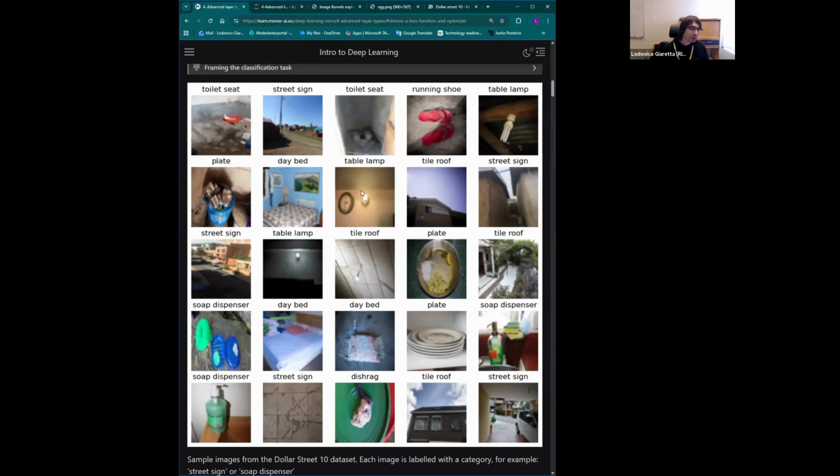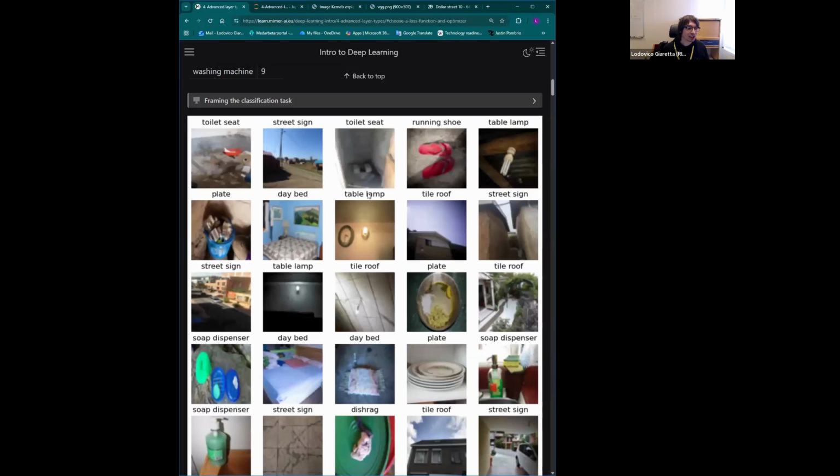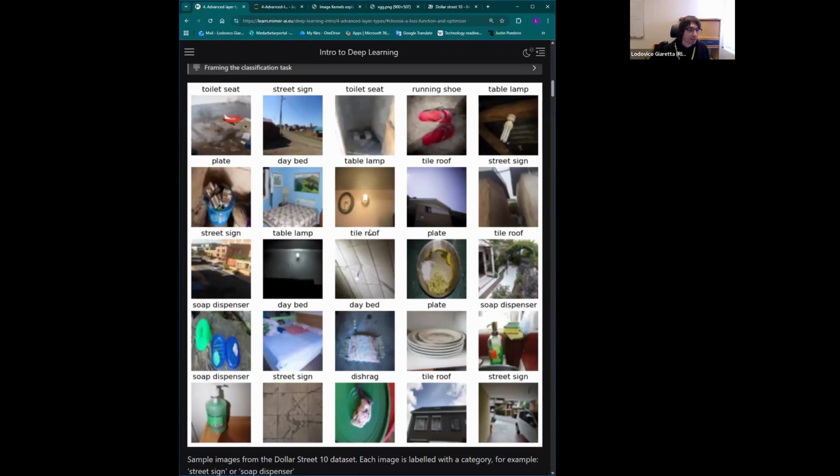Another point is that this is a classification task. We are trying to detect what is the object shown in the picture. But one thing with pictures is that they never really show a single object. For example, this picture, which is marked as table lamp despite not actually having a table lamp, has a lamp in it, but it also has a clock in it.